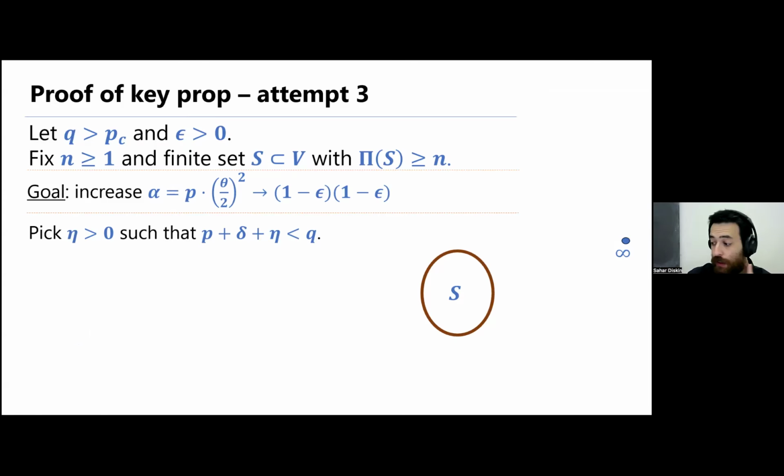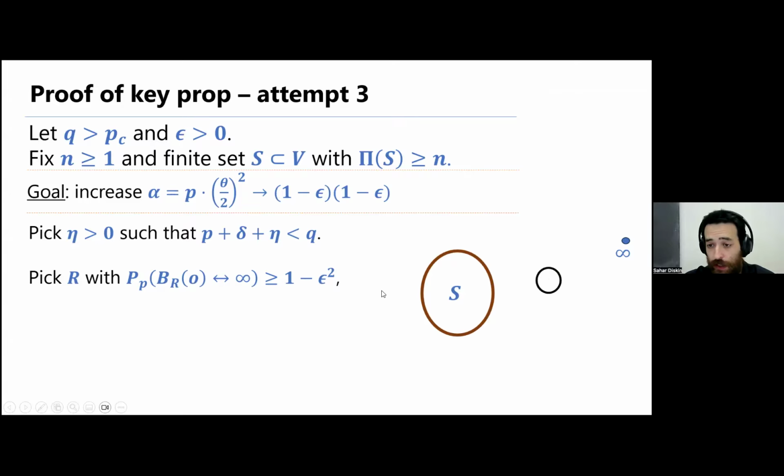What we know is that because the graph is transitive, we can pick an R such that if I look at a ball of radius R around the origin, or around any point, the probability that it connects to infinity under P percolation is at least 1 minus epsilon squared. So I can pick R large enough so this works. If this doesn't work, I will take a larger ball.